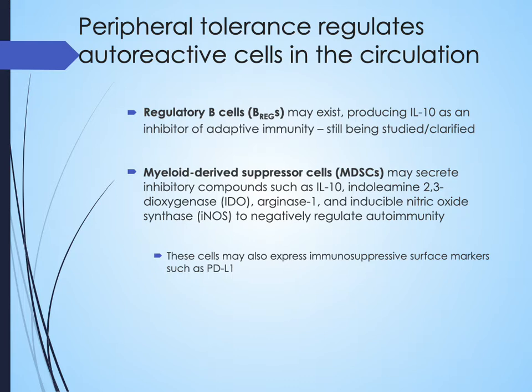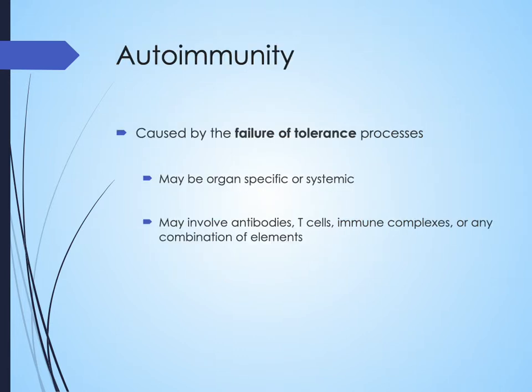Again, allow for peripheral tolerance. Keep in mind with these, one of the things that is being studied is the percent of these cells found in quote unquote normal people versus individuals with autoimmunity. And this is actually how T regulatory cells were first identified, that they were lacking in individuals with autoimmunity, and so that kind of spoke to their role.